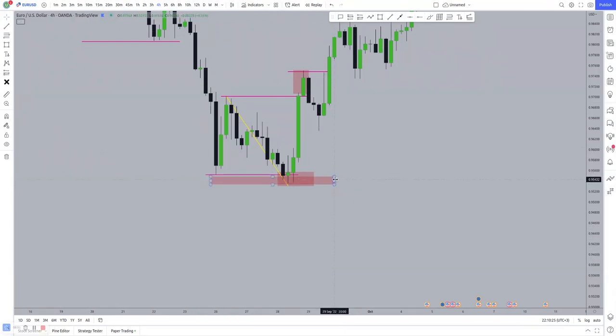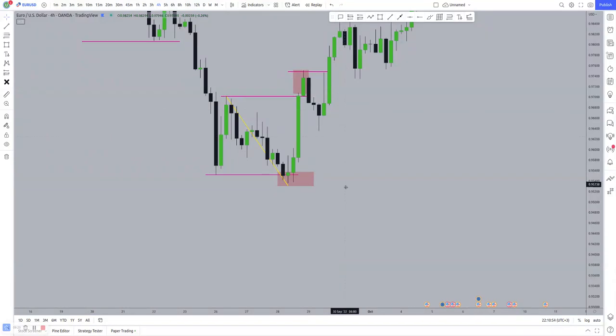At the same time, we have other traders who entered buys from here, and their stops are here. So when they see this move coming down, it is considered a retracement to them, so they still believe that price is going to hit this retail support, then price will start going up.